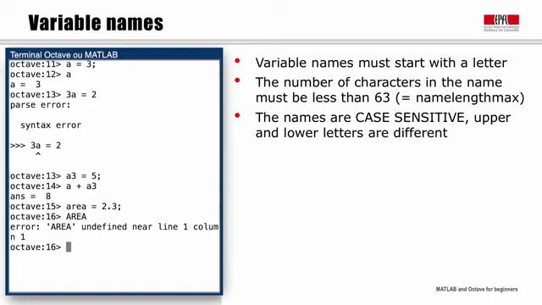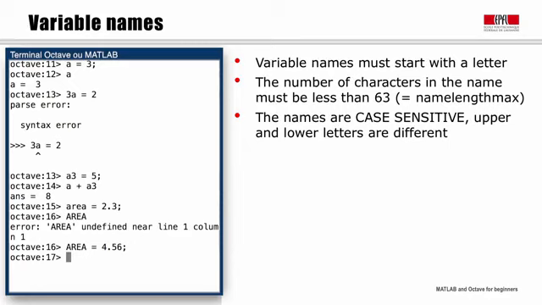This doesn't exist because Area uppercase and area lowercase are two different variables. But of course I can define now an Area, another area, which is 4.56. And so now I have two different variables with two different numbers stored in them. Okay, so names are case sensitive.